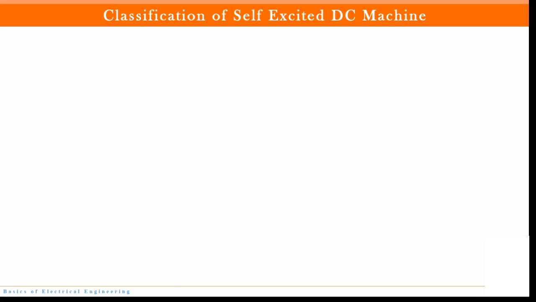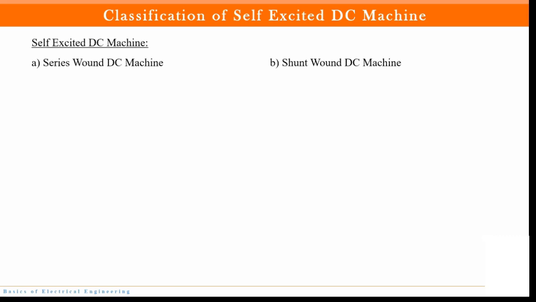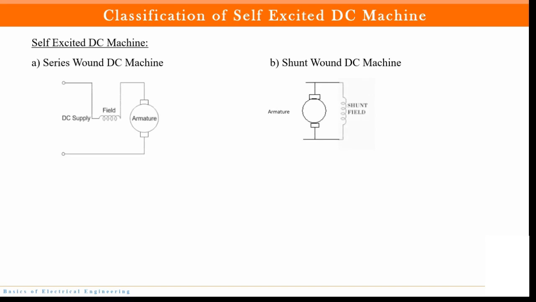Now let us see how self-excited DC machines are classified. Self-excited DC machines are classified into three: series wound DC machines, shunt wound DC machines, and compound wound DC machines. Let us first see what is meant by series wound and shunt wound DC machines. We are all familiar with the series connection, and we also understand the meaning of shunt.